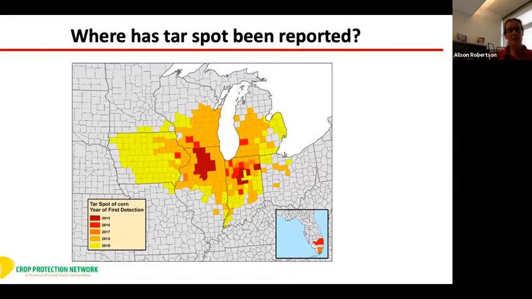This map was put together at the end of last year, and it shows where TarSpot has been reported in the Midwest and also in Florida. You'll see that TarSpot was first reported in 2015 in central Indiana and central Illinois, and since then it has expanded across the Midwest. The yellow counties show where the disease was found in 2019.